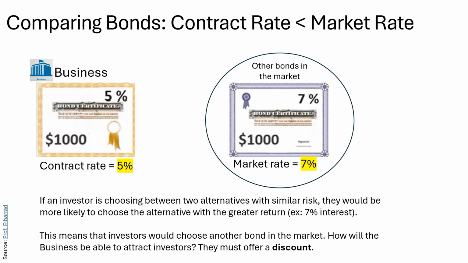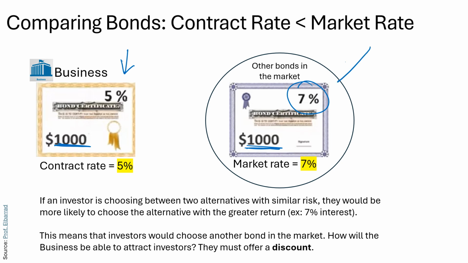So for example, if a company is issuing $1,000 bonds with a contract rate of 5%, that means they will pay out 5% annually over the life of the bond. But if other bonds in the market, with similar face values, are paying a greater interest rate, then obviously it's a no-brainer for someone to choose a bond that's going to pay them more over time.